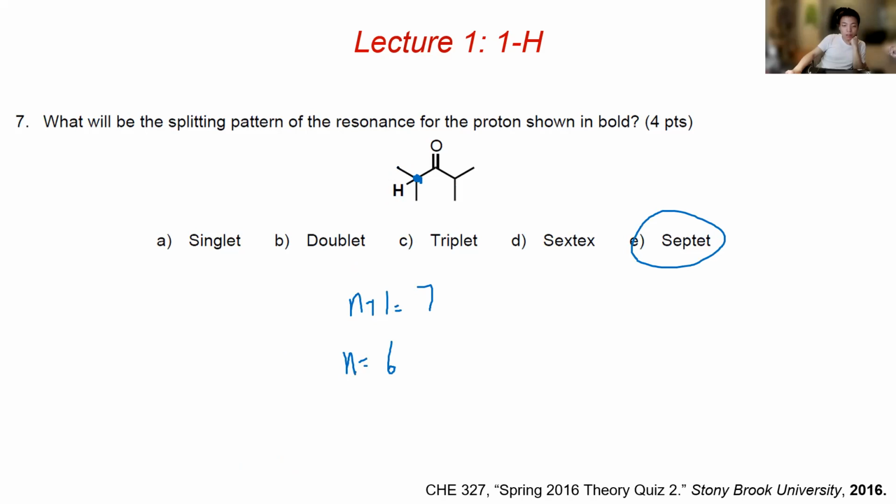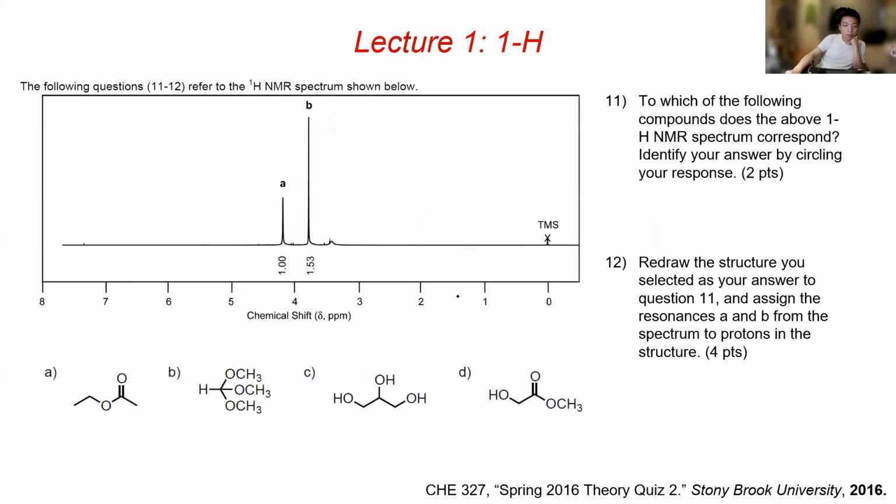Yep, because there's only 6 nearby hydrogens, which is this 3. And then n plus 1, septet. And the next one.